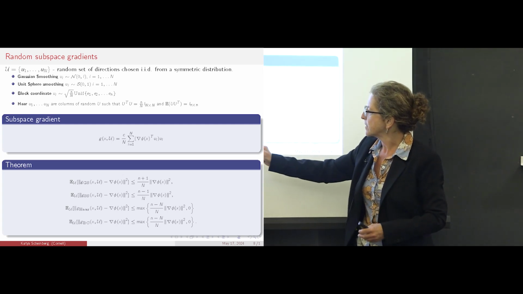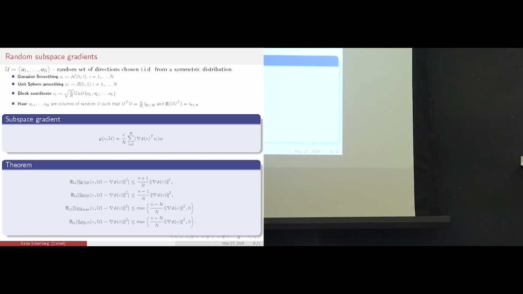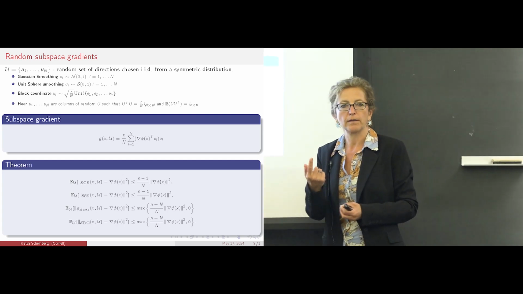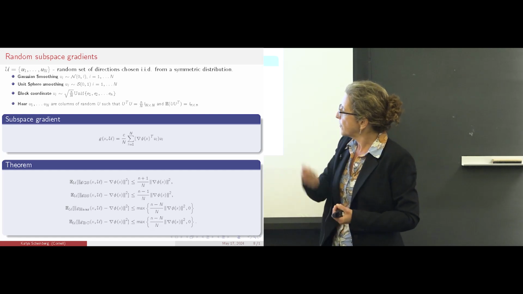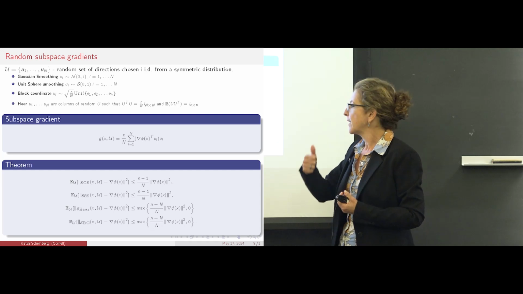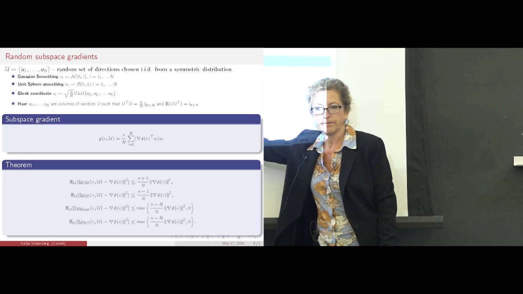So let's see what happens. Let's say you compute 1 coordinate of the gradient. Computing n coordinates of the gradient is n times more expensive than computing 1. It's not always the case, but let's say it's the case. So computing 1 coordinate is cheap. I compute 1 coordinate, and then I apply this method.